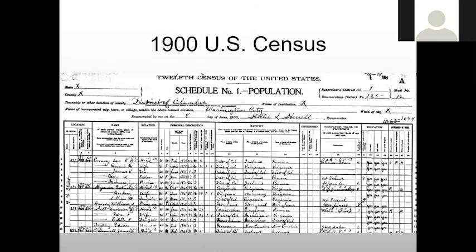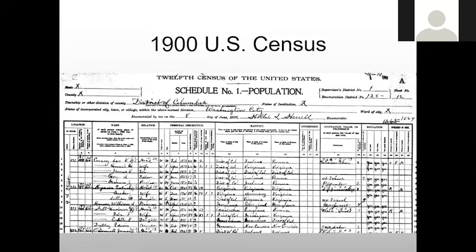Take the time to read all of the columns in the census because there is hidden information in each one of the censuses. The censuses are different prior to 1850, the 1840 and backwards. It's just the head of the household that is recorded.